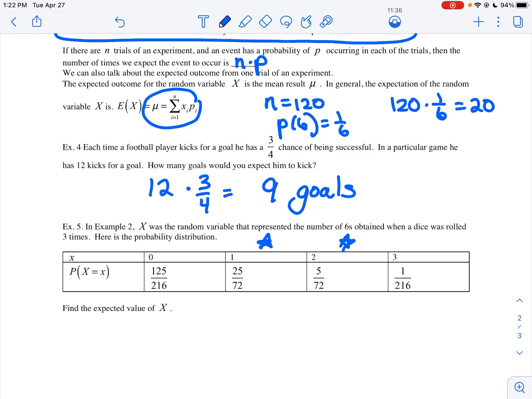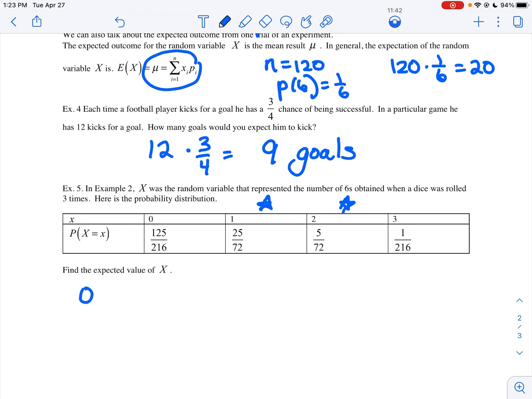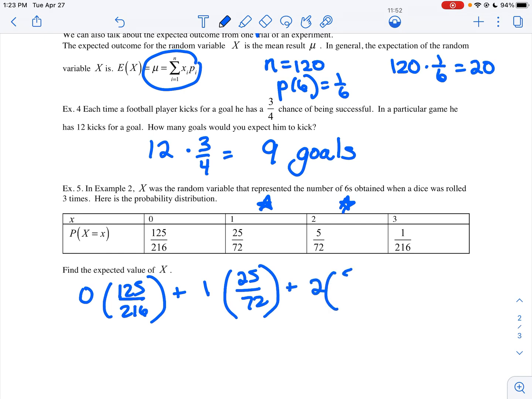It's the sum of the lowercase x values times the probability. So you're going to do 0 times 125 over 216 plus 1, that's the x value, times its probability, plus 2 times its probability, plus 3 times its probability. Go ahead, use your calculator, add that up, and tell me what you get.